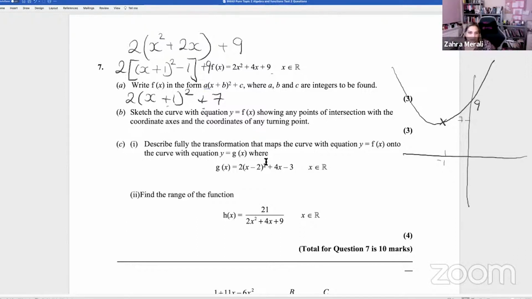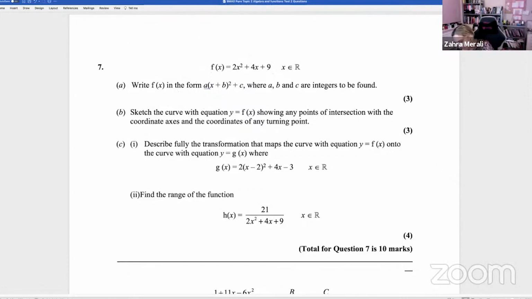Okay. Describe fully the transformation with this. Okay. So if you have a look at this and you're going to compare it to what you have in that initial equation. So if you have a look, instead of x here, we've got x minus 2. So we're like, okay, let's try that. We're going to replace the x here with x minus 2.